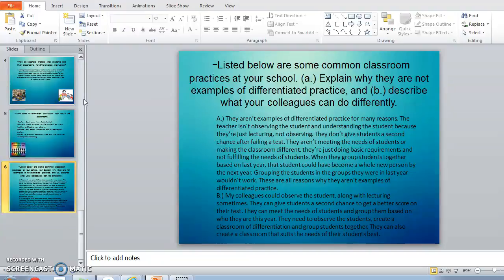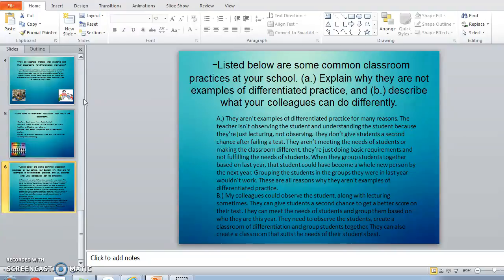So anyway, the teacher wasn't observing the student and understanding the student, because I felt like you would just be lecturing and not observing the student. And I feel like we didn't have this enough when I was going to school, but if a student totally fails a test, I think you should go to that student, ask them what their home life has been like lately, and just have a talk with them to see maybe why they failed that test.